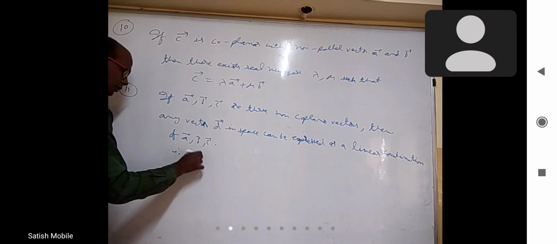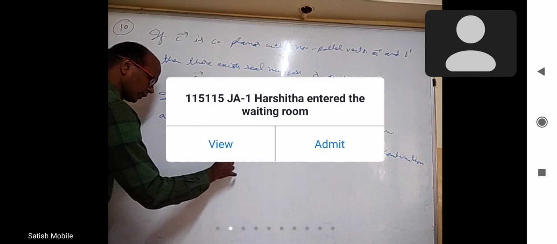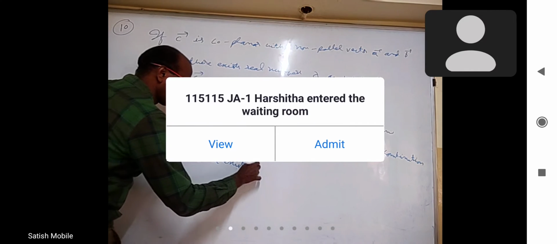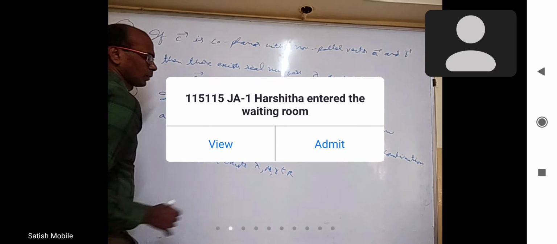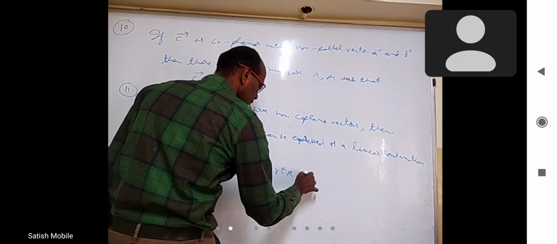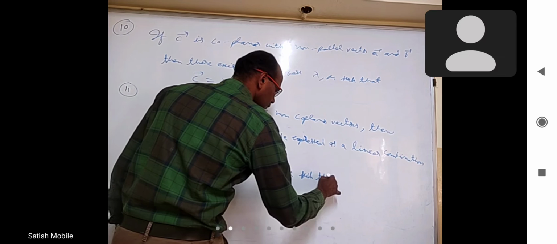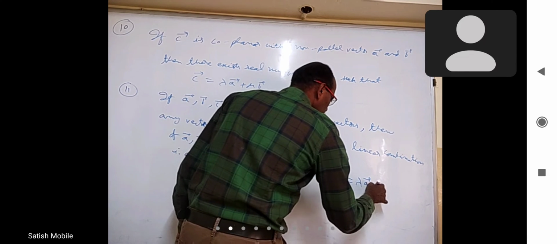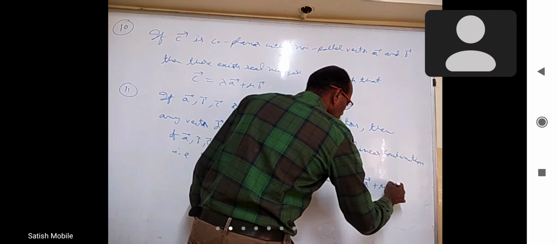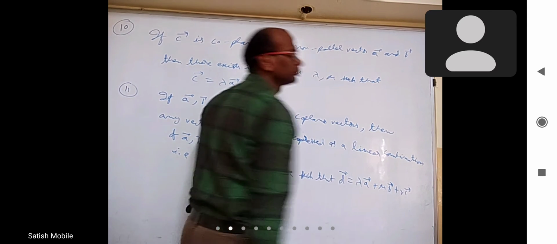That is, there exist lambda, mu, gamma real numbers such that D bar equals lambda A bar plus mu B bar plus gamma C bar.